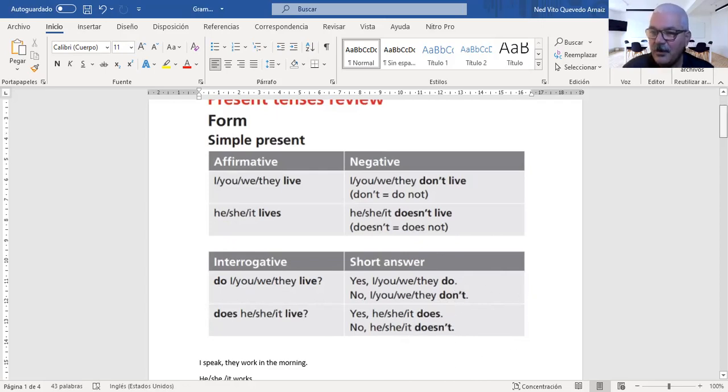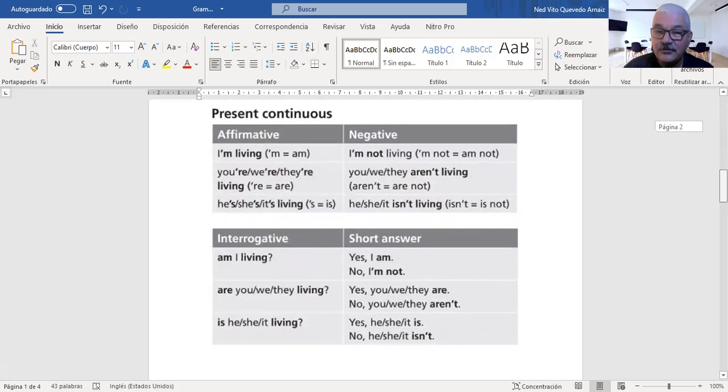Then the present continuous is just the same as I explained. We use I, the form of the verb be, am, and the form of the verb with ing. Okay, I am living in Santo Domingo. The negative form will be the same, but including not together with the verb be. So we say, I am not living in Quito.